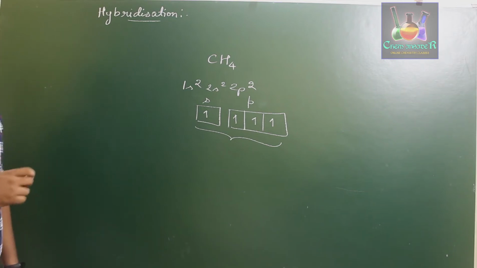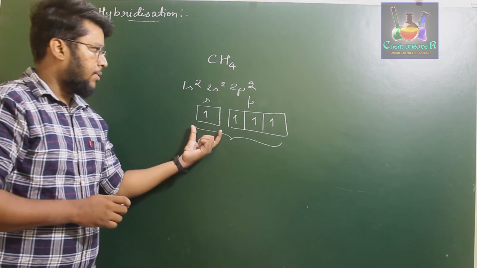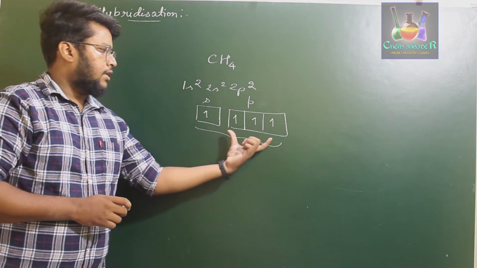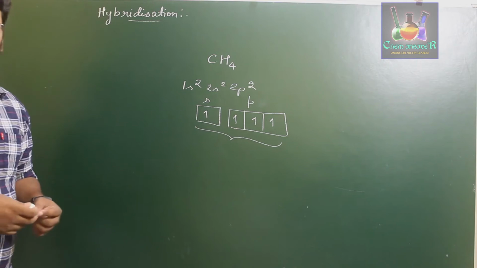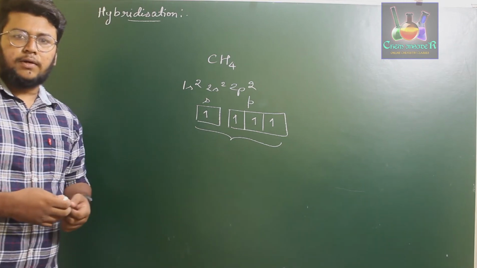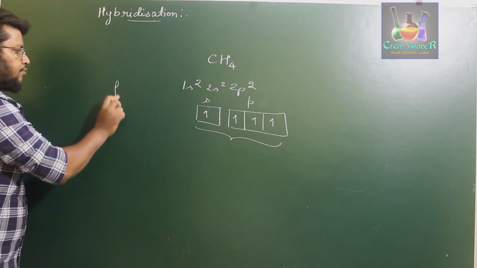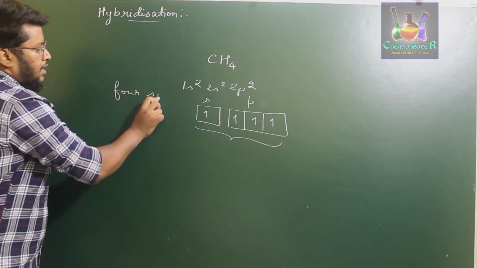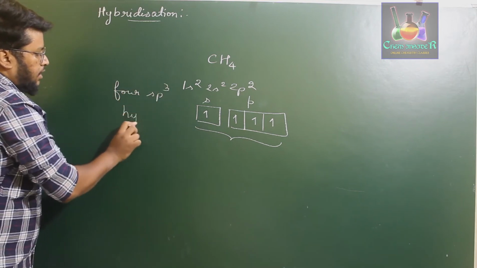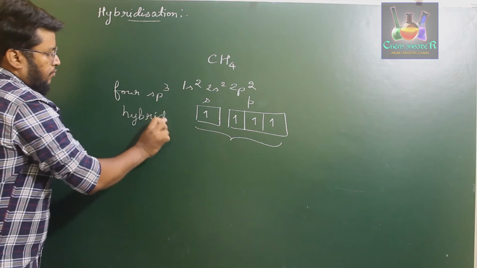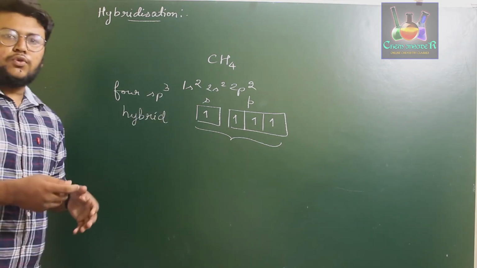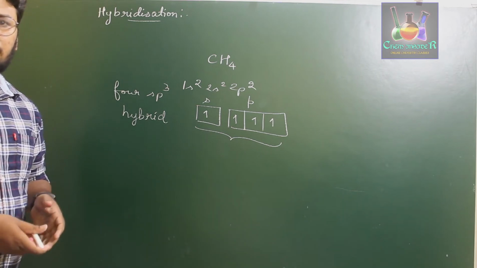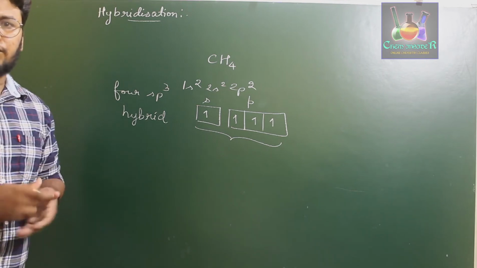Therefore, Pauling said that the 2s orbital and the 2p orbitals get combined with one another, that is, intermix, to form 4 sp3 hybrid orbitals, which are useful to relate to the geometry of a given molecule.